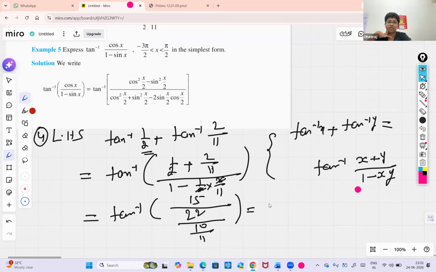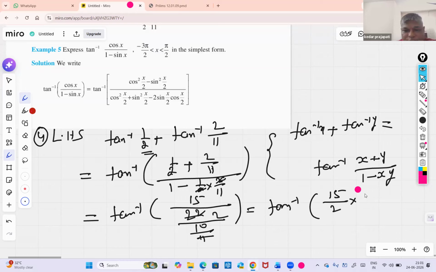The 11 goes to 22. So it is 15 by 2 into 1 by 10.